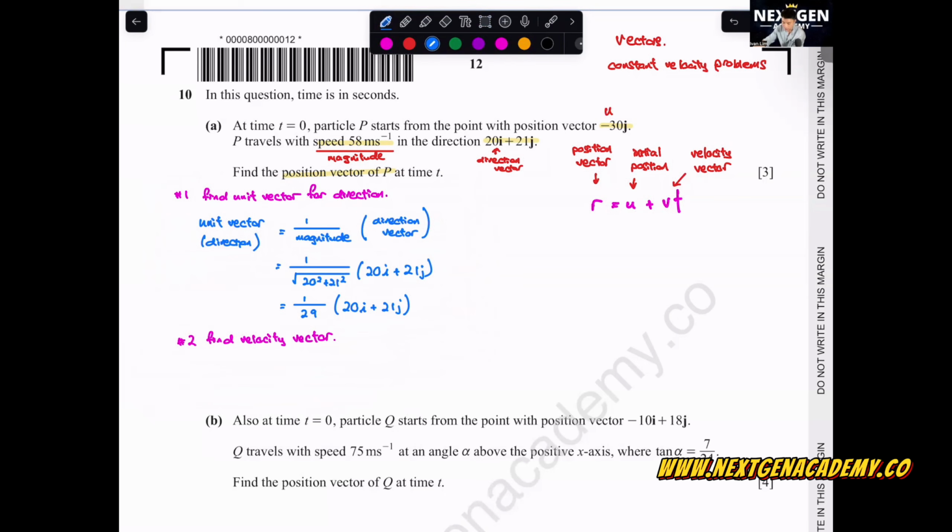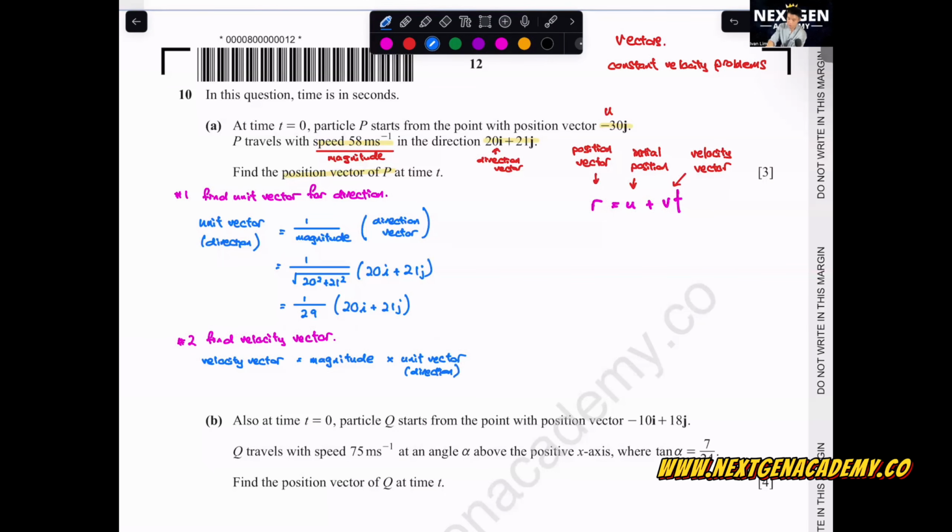Okay, what's your formula for unit vector again? Unit vector equals 1 over magnitude times velocity vector, right? So the next step is velocity vector equals magnitude multiplied by unit vector, what we just found above. This is the direction.